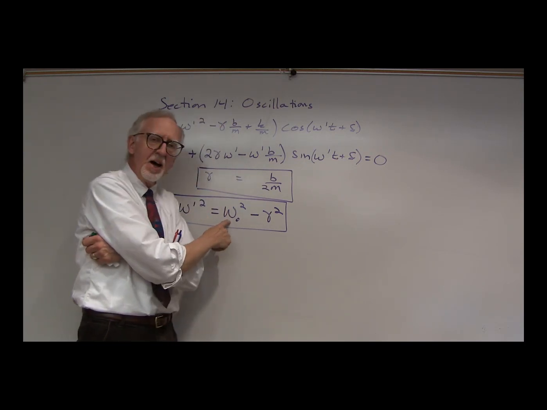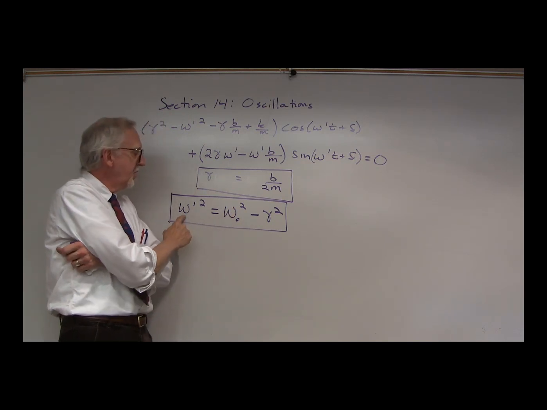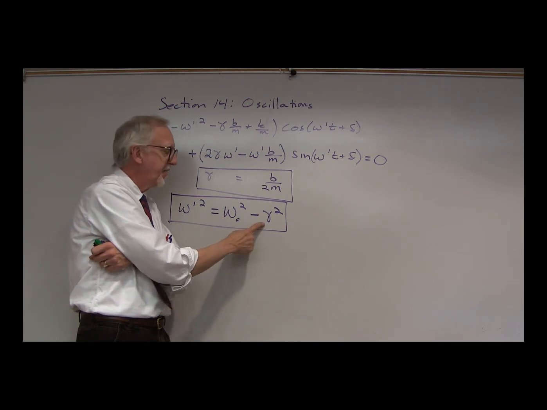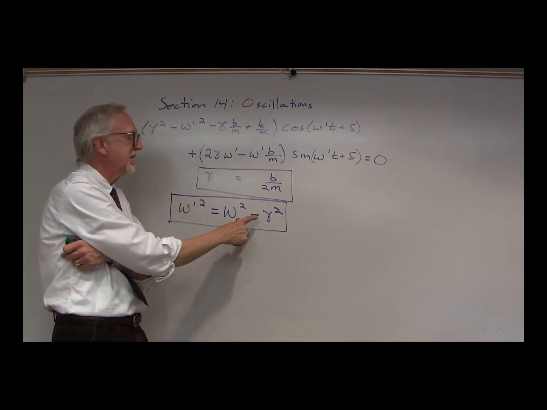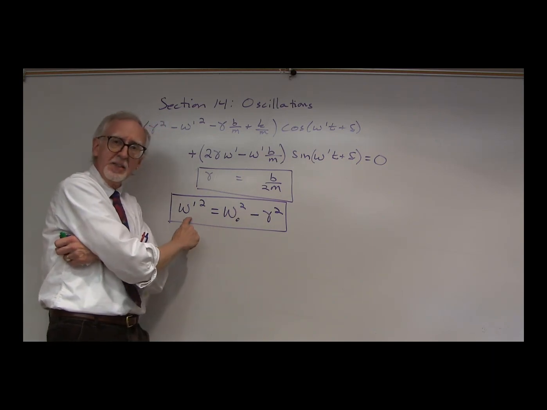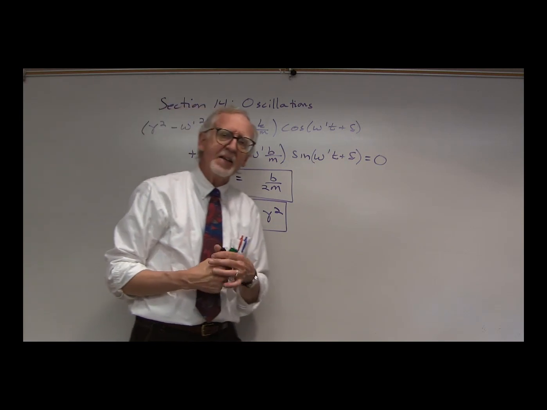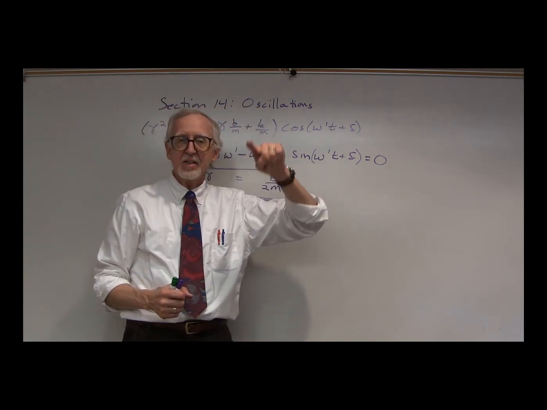And then what is this telling us? If omega naught is the frequency of the oscillator with no damping, the frequency with damping is less than that, by a factor of gamma squared in the squared quantity. In other words, the damping decreases the frequency of oscillation. That kind of makes sense. With no damping, we get some oscillation like this.